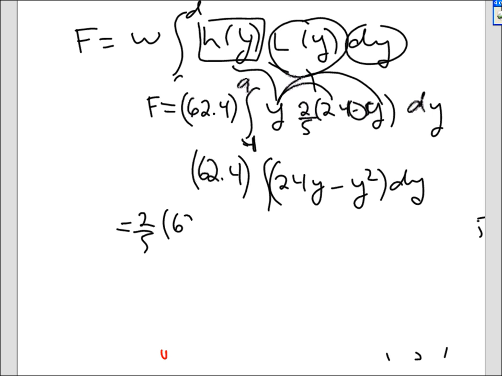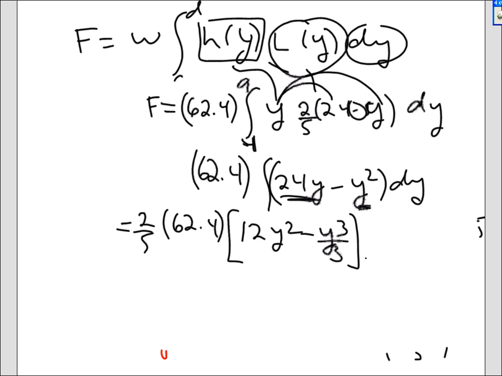2/5 of 62.4 times the integral of that is 12y squared minus y cubed over 3. And y goes from 4 to 9. So we have the constant 2 times 62.4 over 5.